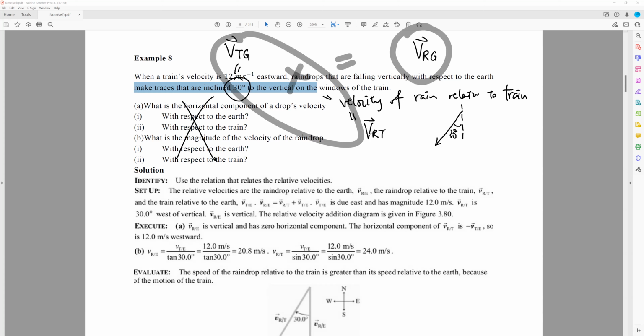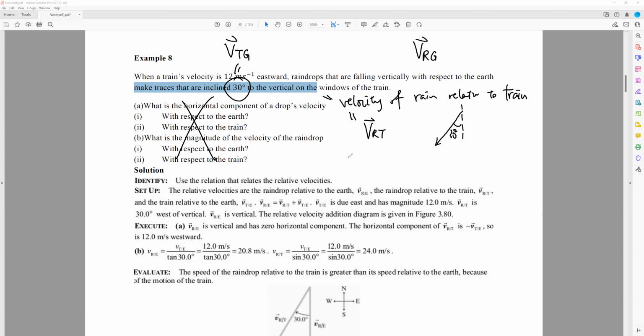How can I think about it quicker? With RT and TG, when you add these two together, you can cancel out the T. Only RG is left. So you add these two together, then you get RG. Okay.